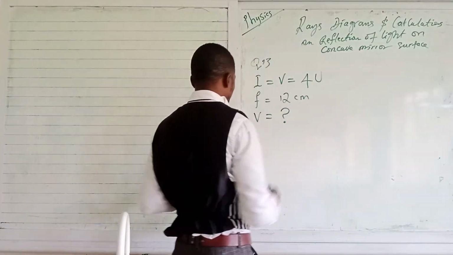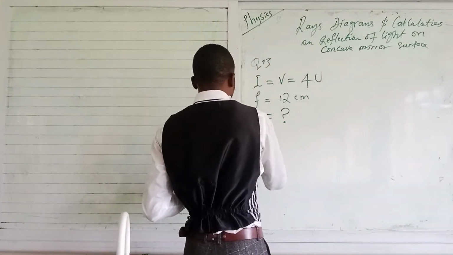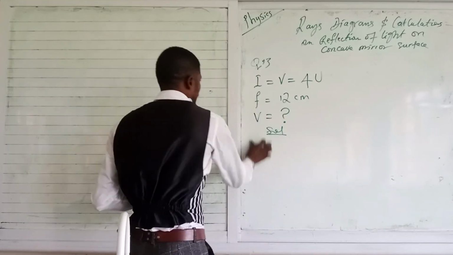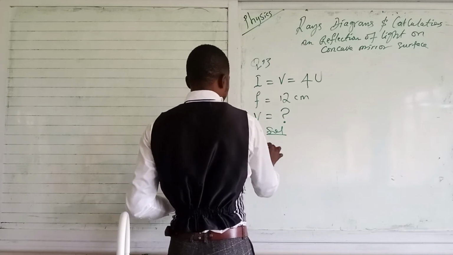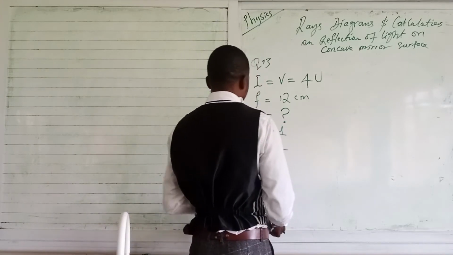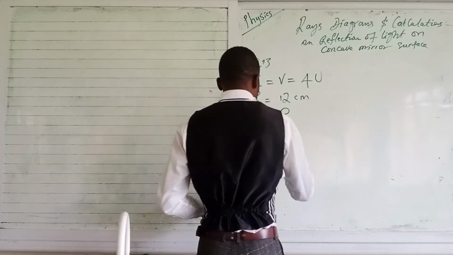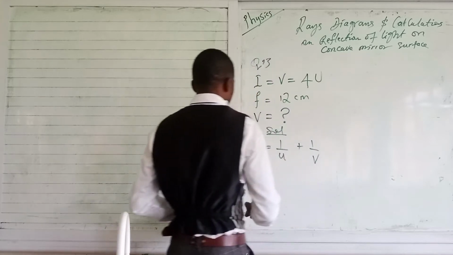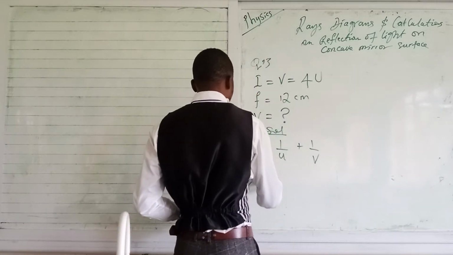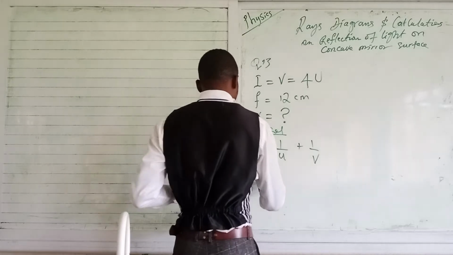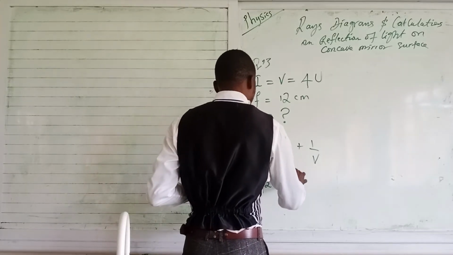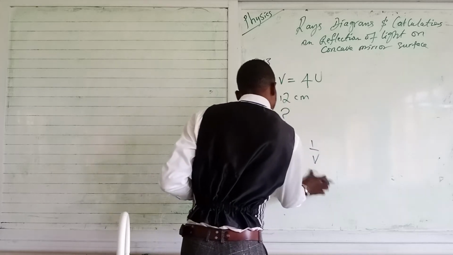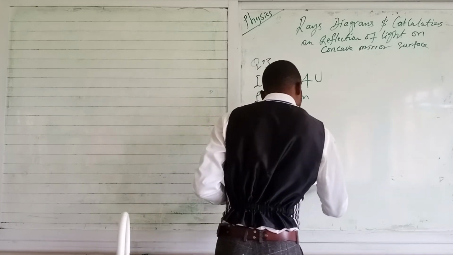So let's go straight to the point. From 1 over f is equal to 1 over u plus 1 over v, this implies that 1 over 12 is equal to 1 over u plus 1 over v.